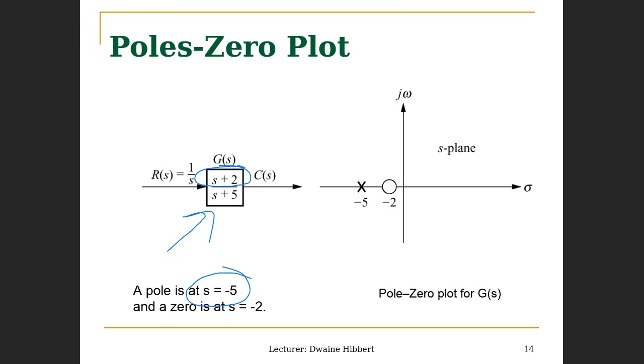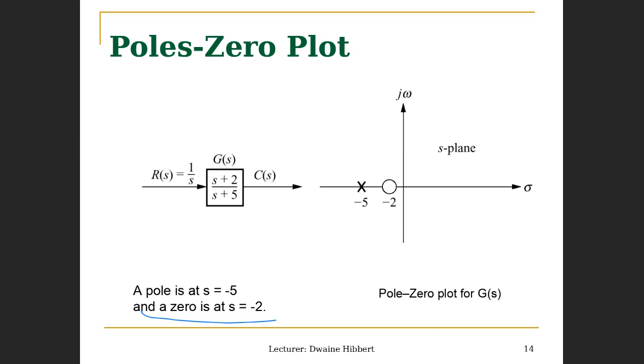S equal minus 2 will satisfy that condition. When s is equal to minus 2, the numerator is equal to 0. Hence, s equal minus 2 is a zero for the system. So the system has a pole at -5 and a zero at -2.